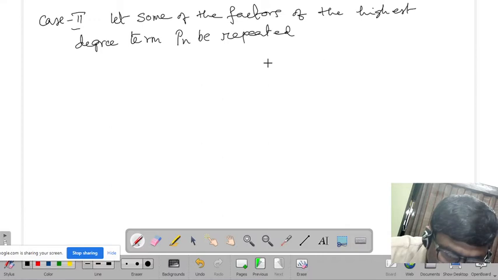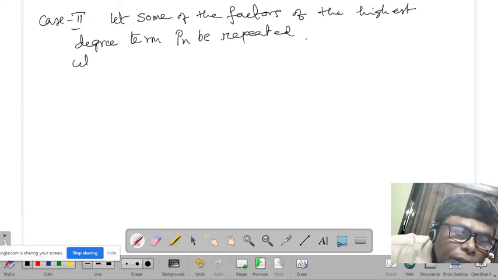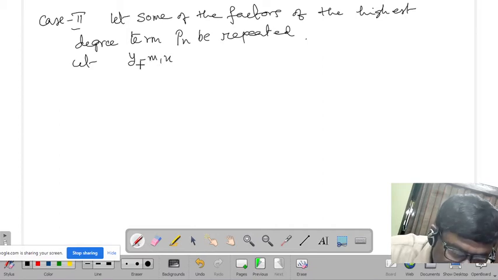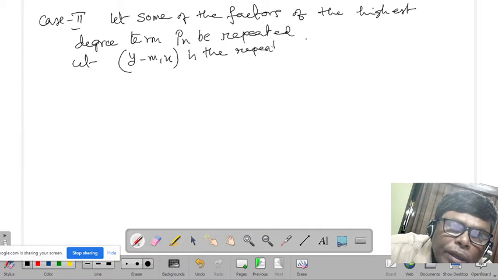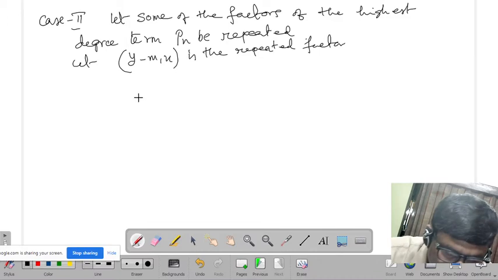So let y minus m1x be the repeated factor in Pn. Let the repetition be like this.